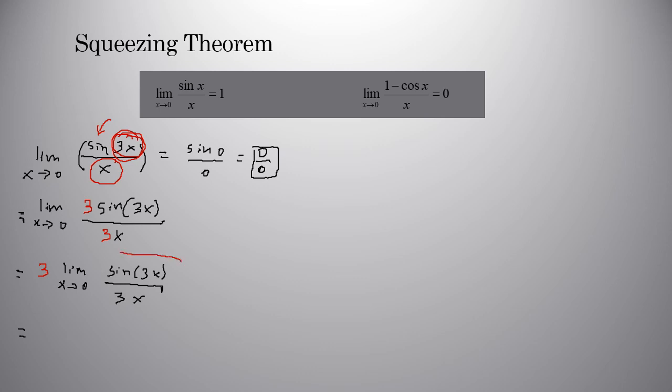So this limit as x approaches 0 of sin 3x over 3x is like the squeezing theorem, limit as x approaches 0 of sin x over x, which is equal to 1. So our answer is equal to 3 multiplied by 1. So we get the answer is equal to 3.